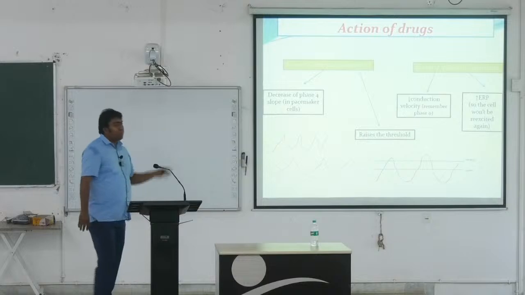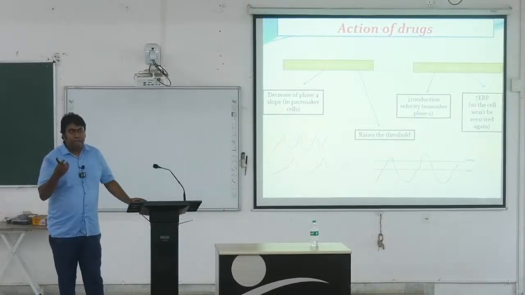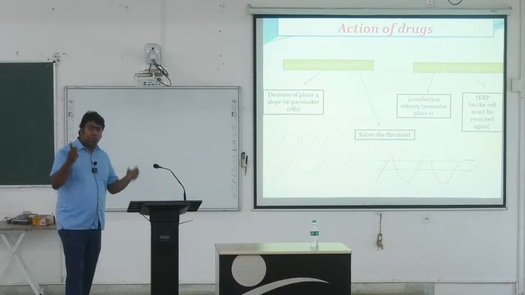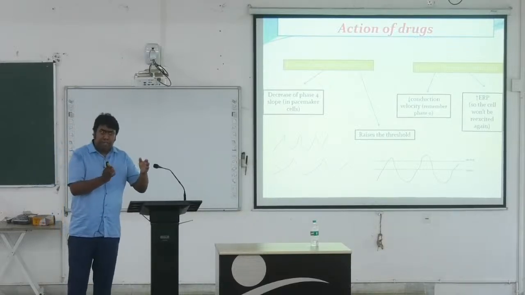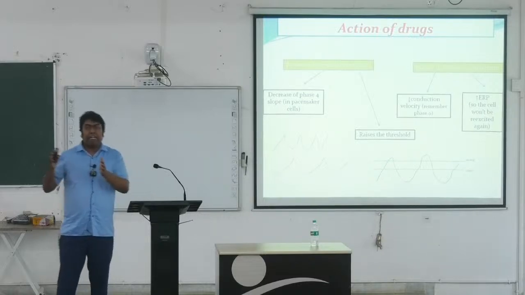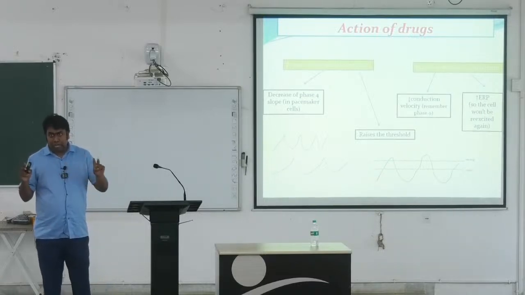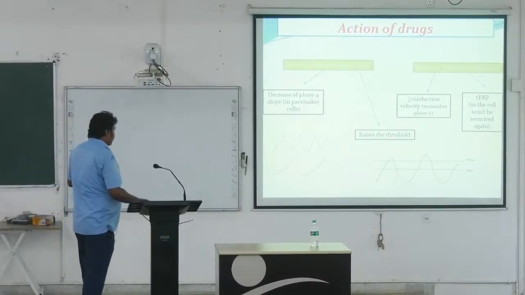Now, action of the drug. How can the drug control the arrhythmia? There are two targets: reduce the impulse number, meaning reduce the heart rate, and regularize the rhythm. The primary objective is to normalize the heart rate.